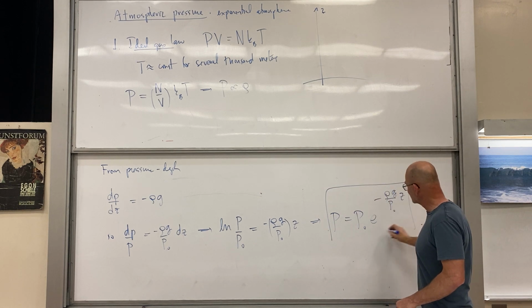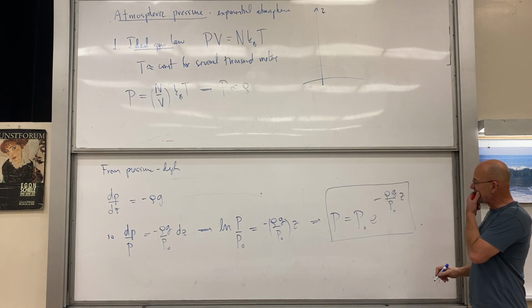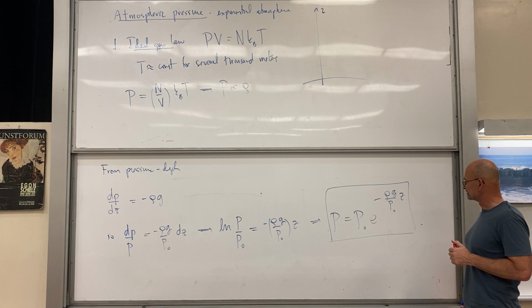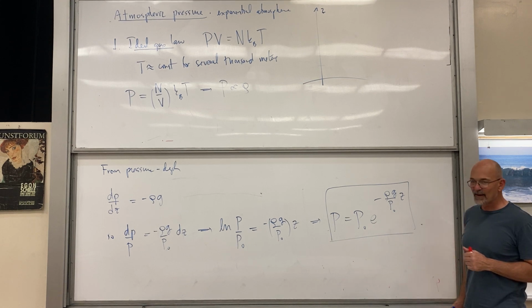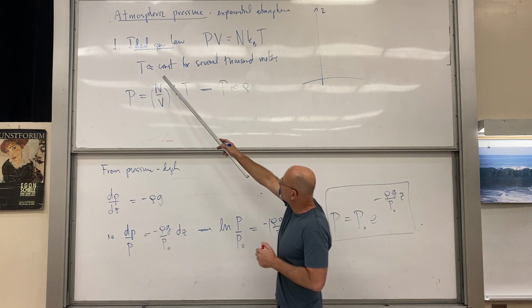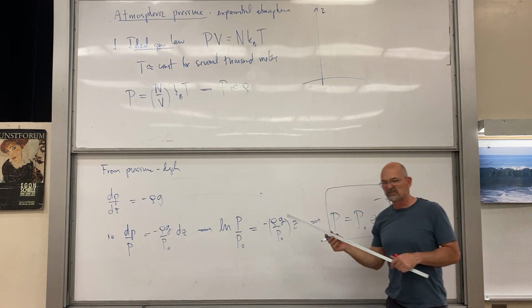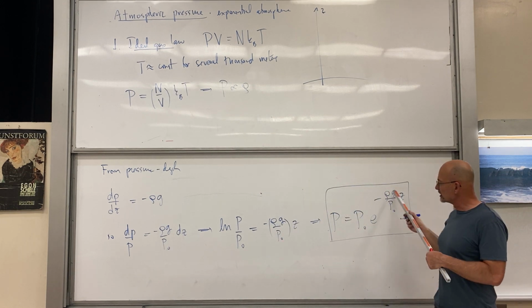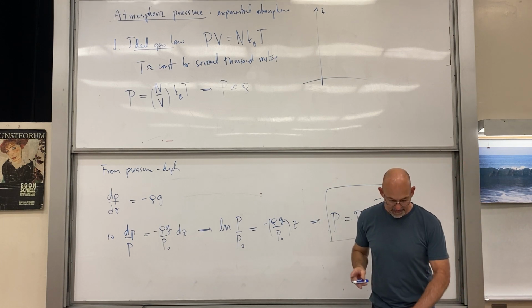So there's an exponential decay of the atmosphere. And again, did I say that T is approximately constant? So this is good for several thousand meters. Eventually it becomes less accurate.